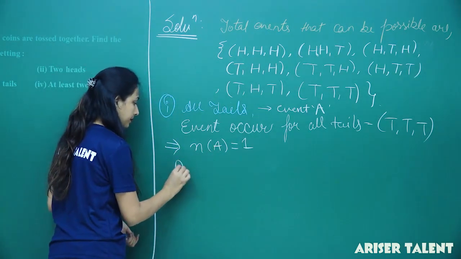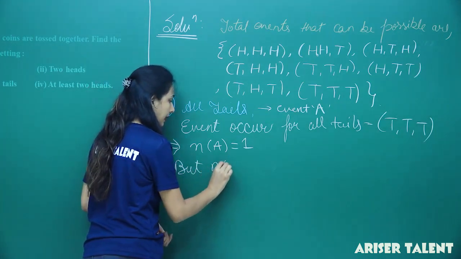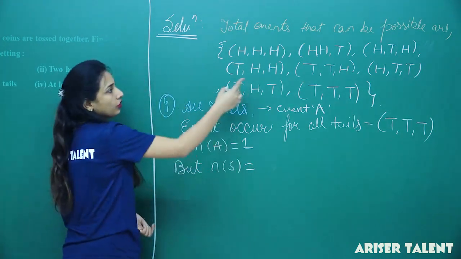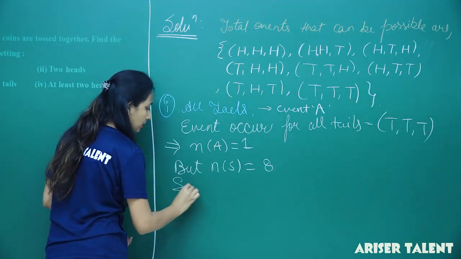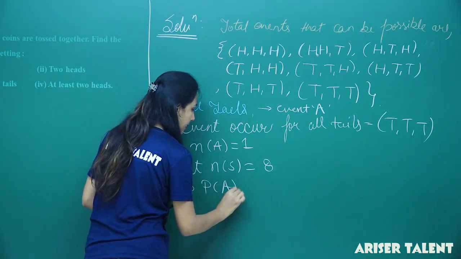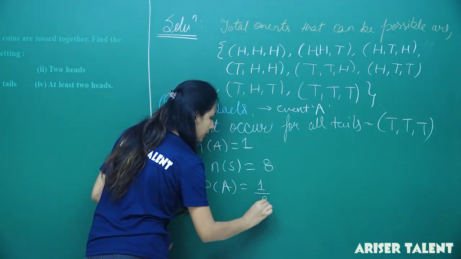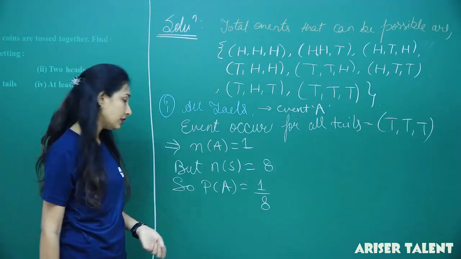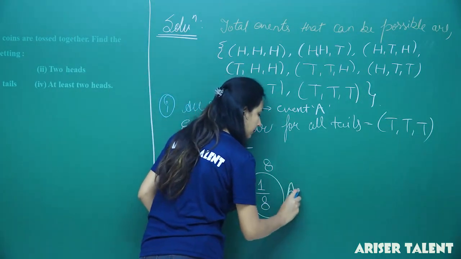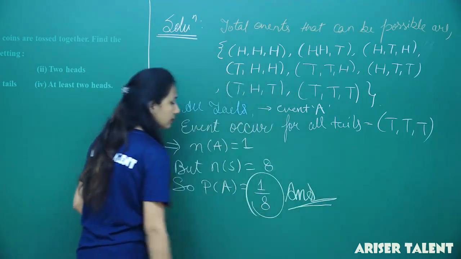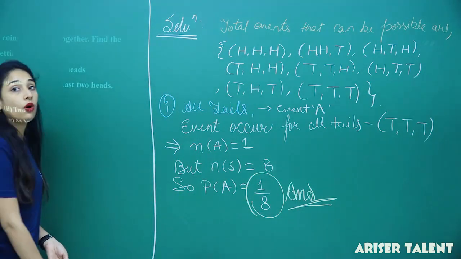But n(S) equals what? 1, 2, 3, 4, 5, 6, 7, 8. Total 8. So P(A) equals 1 by 8. And this is your answer, students. Answer number 1, all tails.